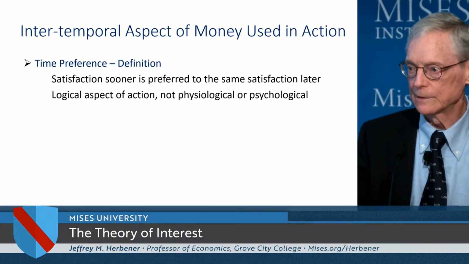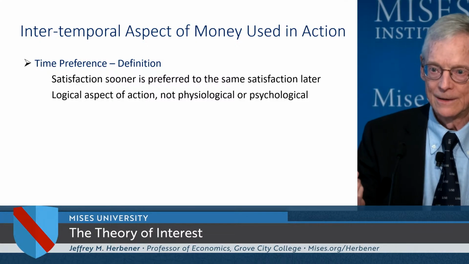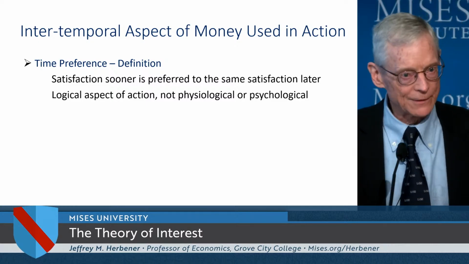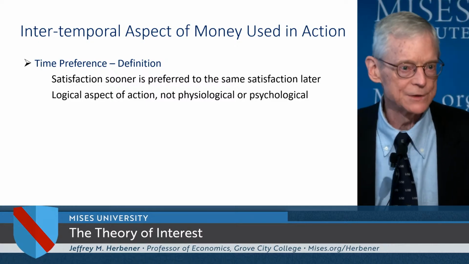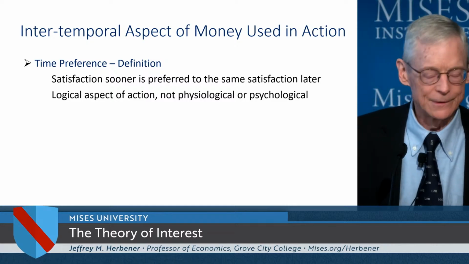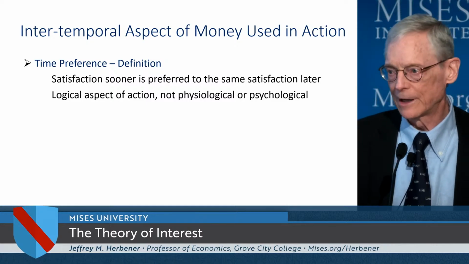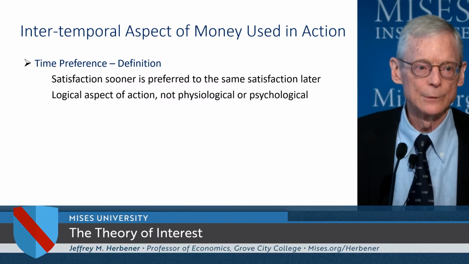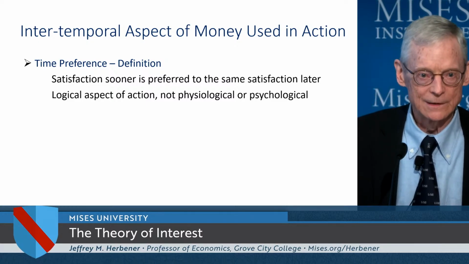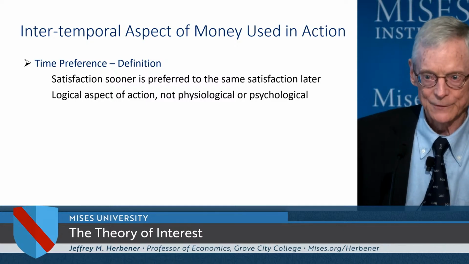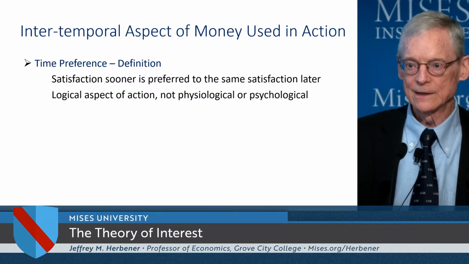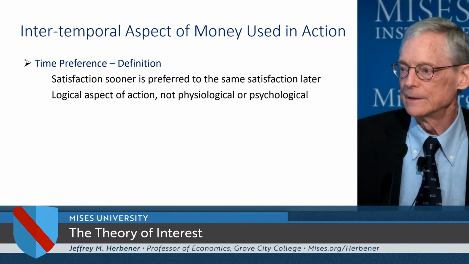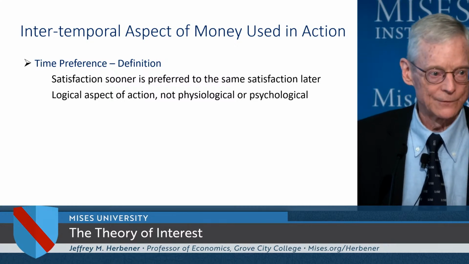Time preference is a logical principle of any and all action, regardless of whether a person's impatient or patient, or whether their physiological needs are met or not met or whatever. Those sorts of things can influence the intensity of a person's time preference, right? All the circumstances of acting can affect the intensity of our preferences for things.